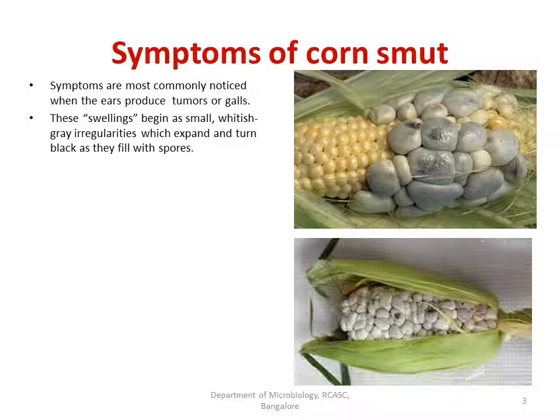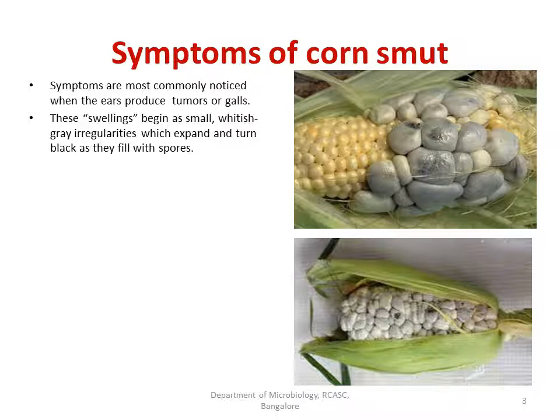which begins as small whitish-grayish irregularities which expand and turn black as they fill with the spores. Once the infection has happened, there will be a change in the mass or volume or size of the cells in the host, which begin to grow.